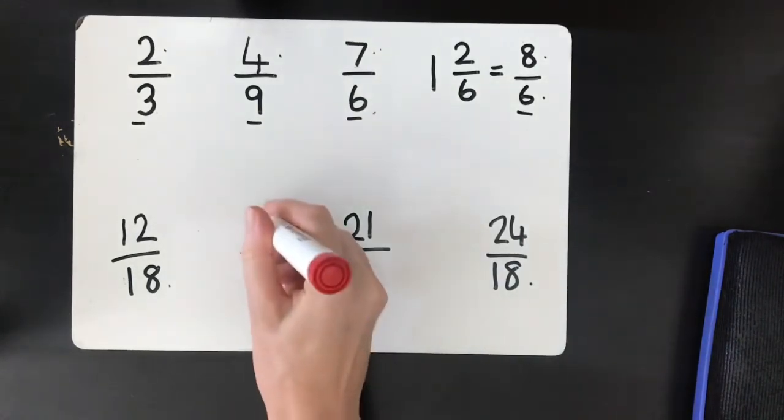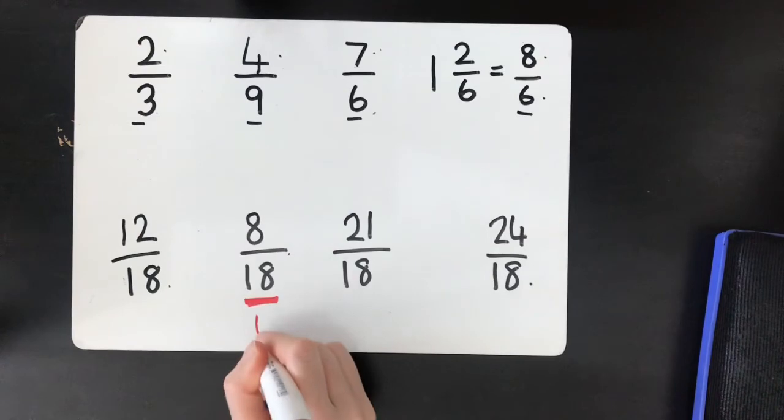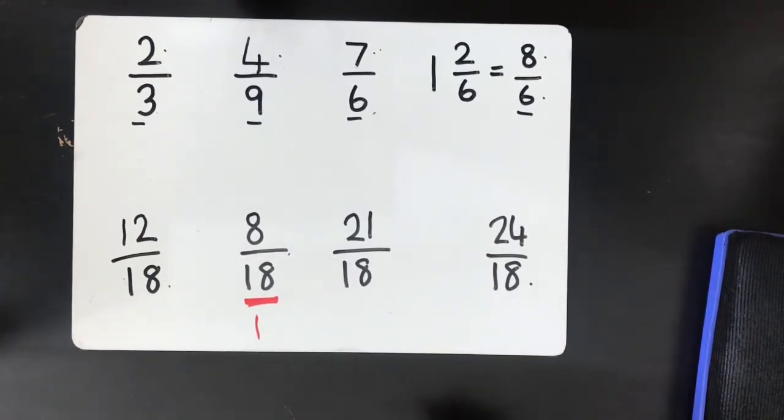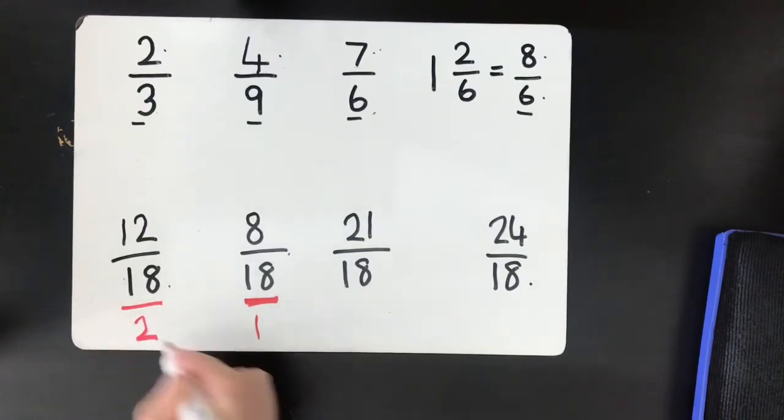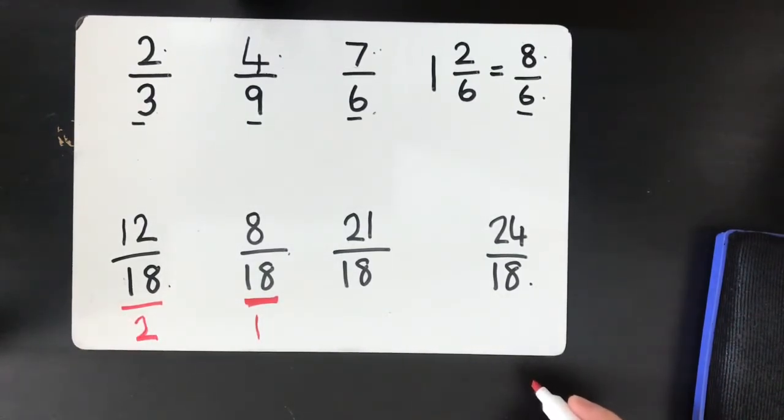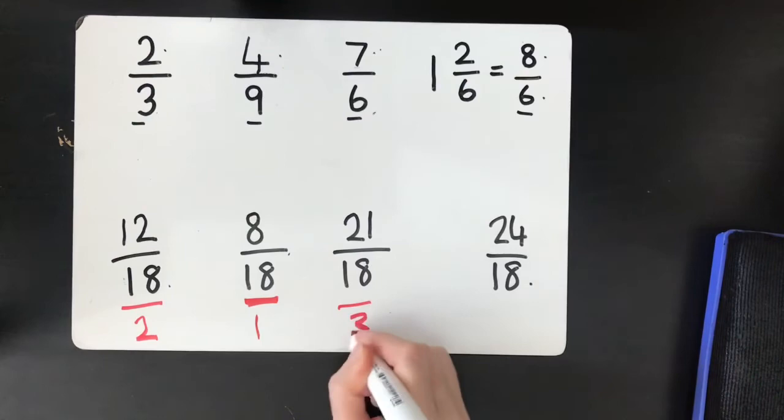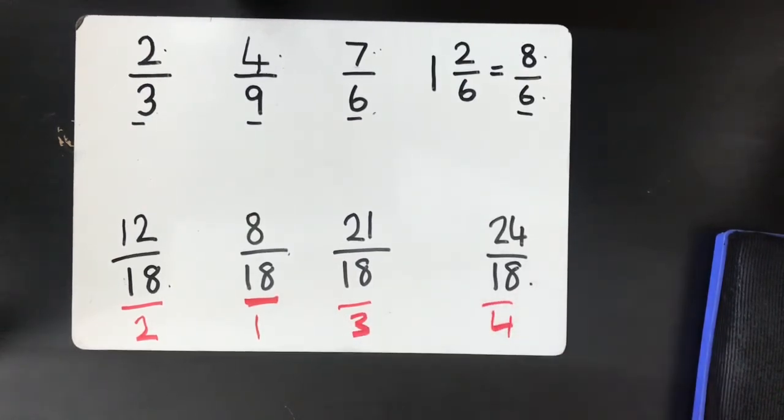You got it. This one here is going to be our number 1. Which one's going to be our number 2? Well done. Number 2, number 3, and number 4. So that is our order from smallest to largest.